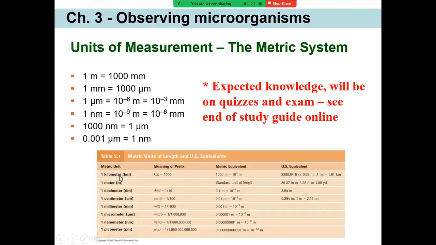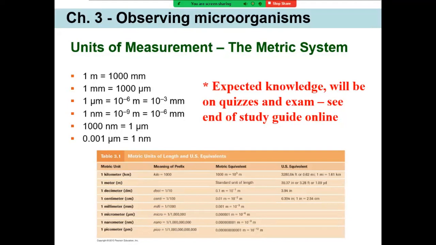You really only need to know most of these on the left. And then you should know the prefix meaning, so that when we talk about a kilometer, we can use a kilo, like with a gram, a kilogram, and a liter. So the meter is the measurement of distance or length.